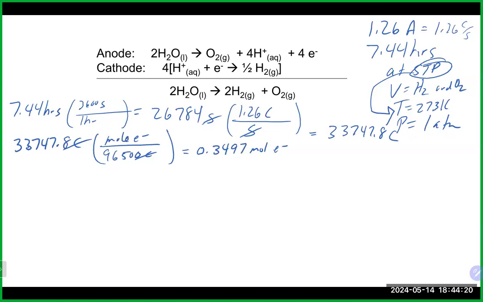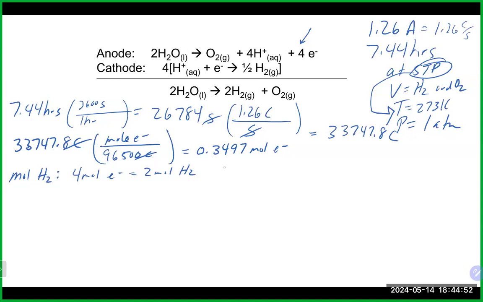At that point, we can now go into our half reactions and get our moles of both the hydrogen and oxygen in this case. So the moles of hydrogen, using the half reaction there, we see that if we multiply the 4 in, we will have 4 moles of electrons give us 2 moles of hydrogen, or that's also a 1-to-2 relationship if you want to use it like that.